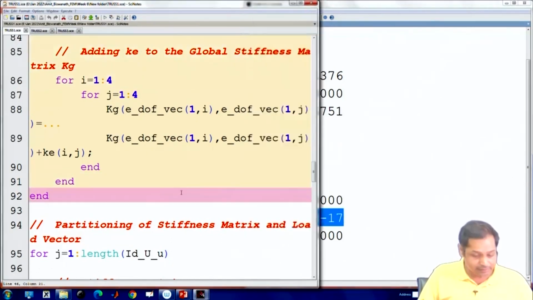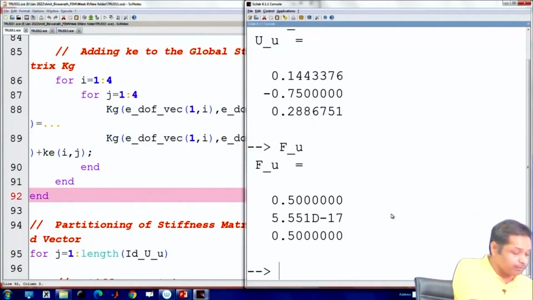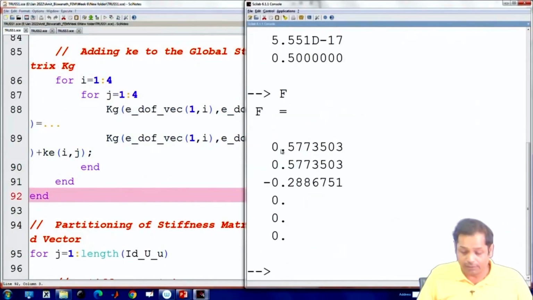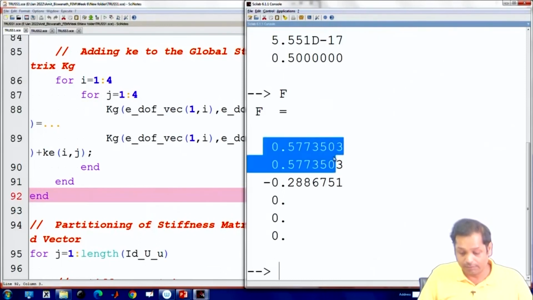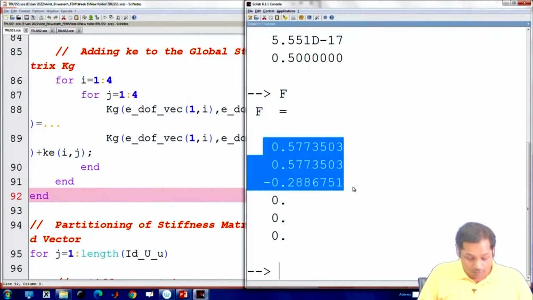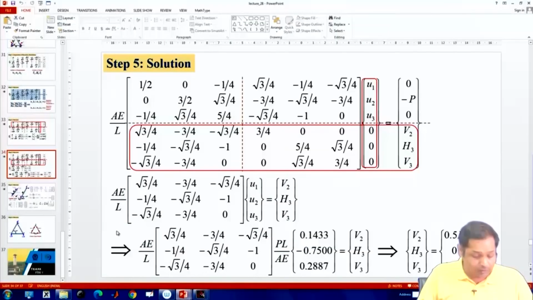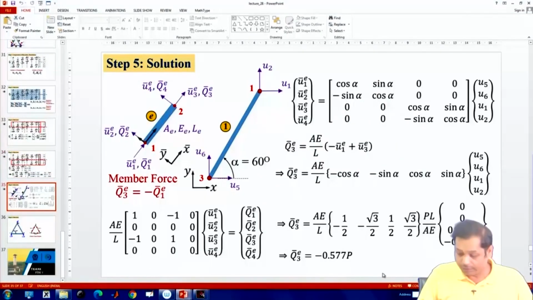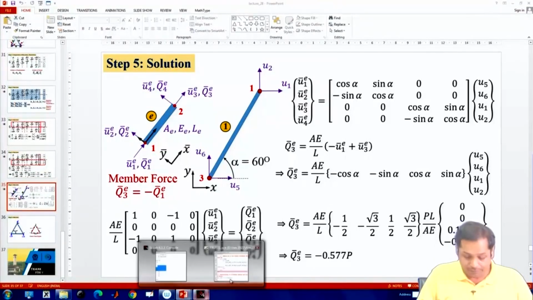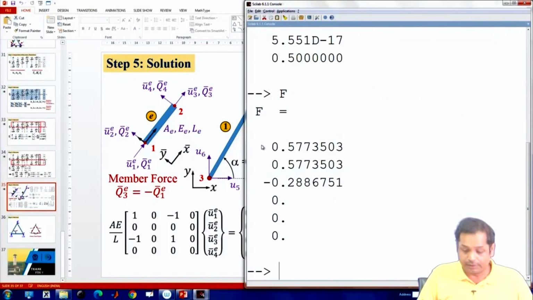So these are the reactions, and finally let us find out the member forces. These are the member forces we had. We did not calculate forces in all the members, but at least one member force we calculated. The first member we calculated was 0.577 P, and this is this value.